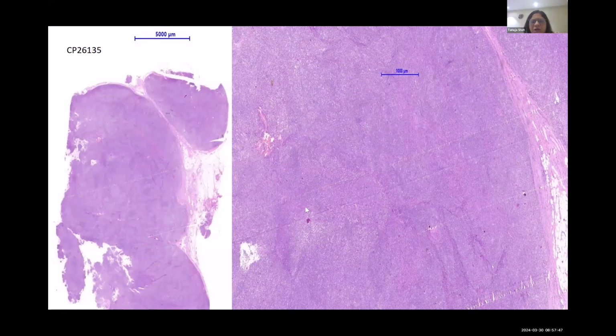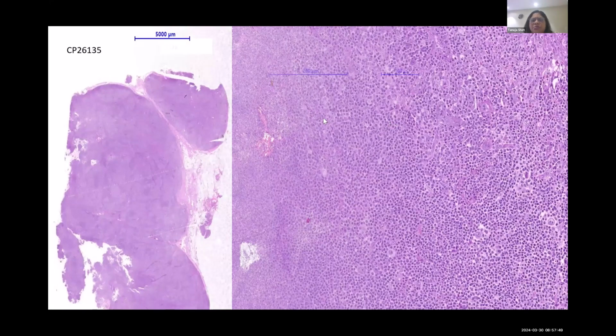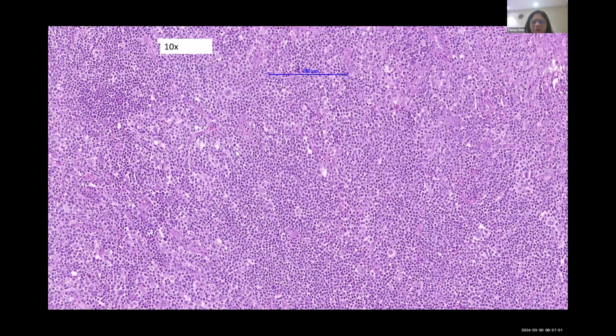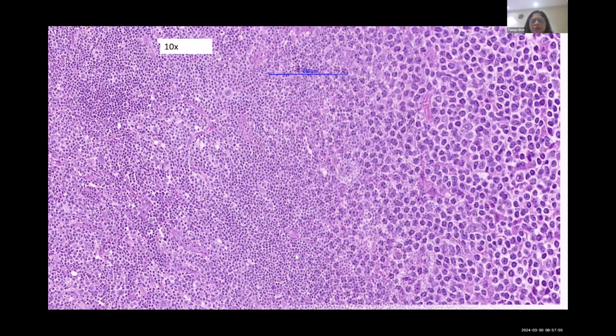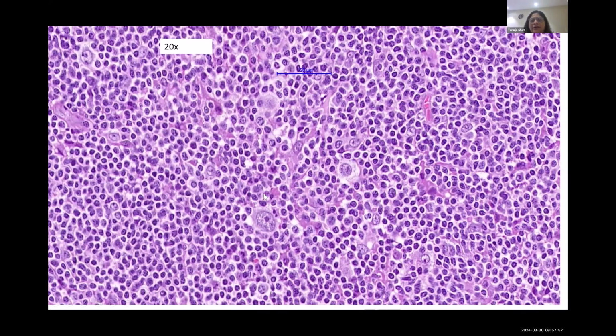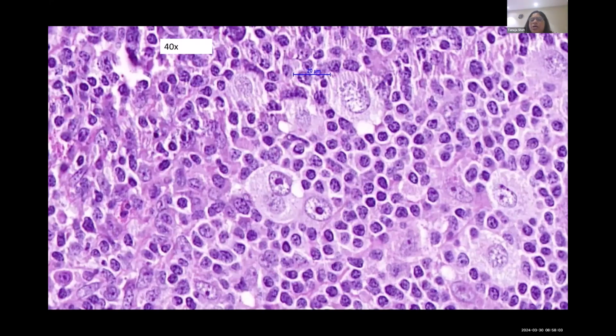Of course, you see these RS cells. What happens to pathologists when they see RS cells is that everything else blurs. But when you go on the higher power, you see that the background cells are clear. They are not reactive. And that is the first clue to the diagnosis of PTCL with Reed-Sternberg cells. So that is the reason we struggle with the diagnosis.